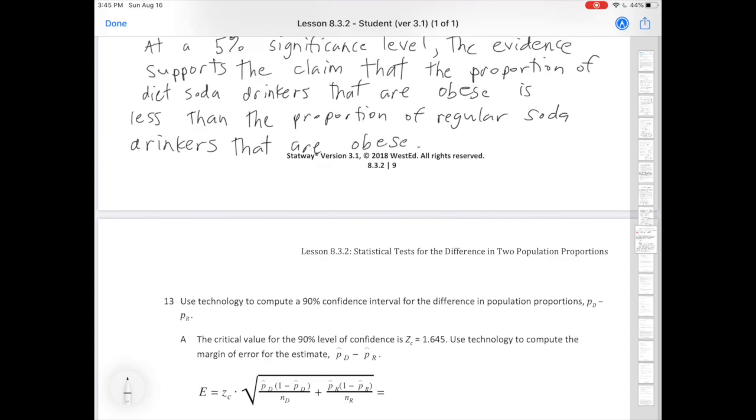Okay, so this is how I would write the conclusion to the hypothesis test.